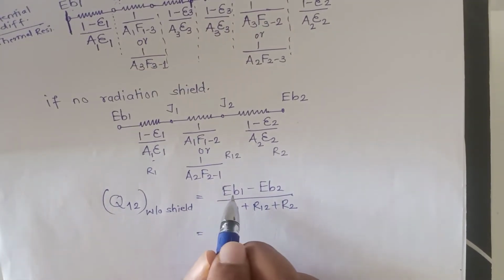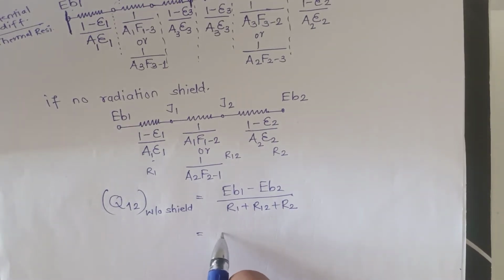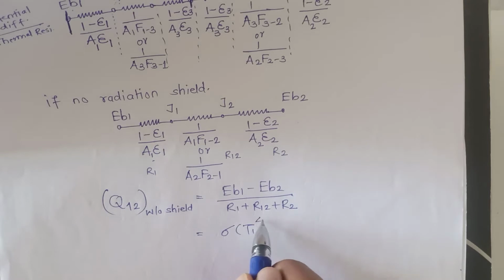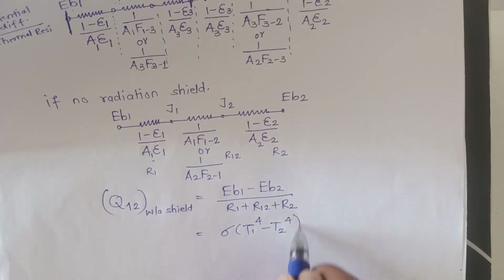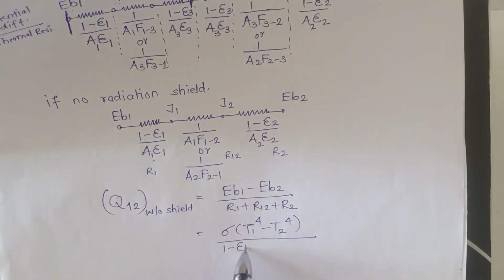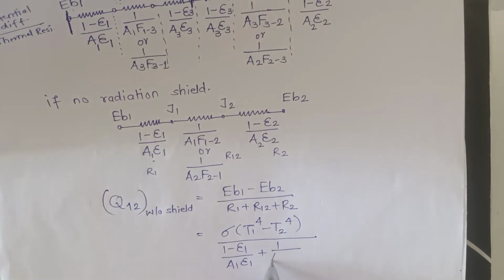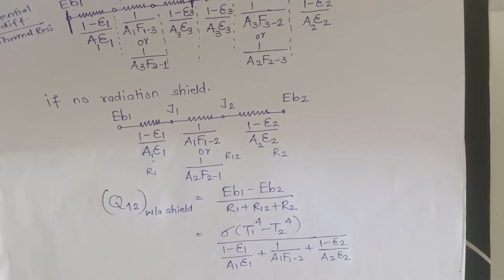Blackbody emissive power we write as sigma into (T1 raised to 4 minus T2 raised to 4), divided by R1, which is (1 minus epsilon 1) upon A1 epsilon 1, plus the space resistance 1 upon A1 F12, plus the surface resistance (1 minus epsilon 2) upon A2 epsilon 2.